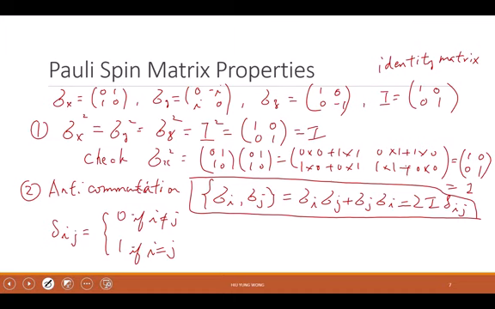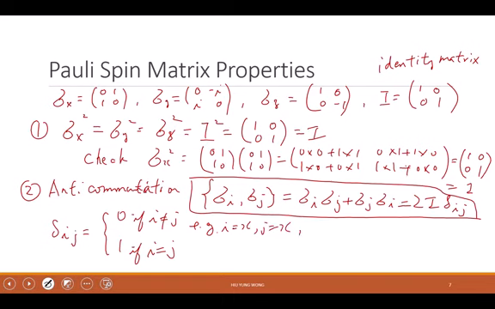For example, it basically is saying that if i and j are the same, they are the same sigma x or sigma y, then I'm going to get 1, which gives me 2I, which makes sense. I will show you. For example, if i equals x and j equals x, then of course i equals j.